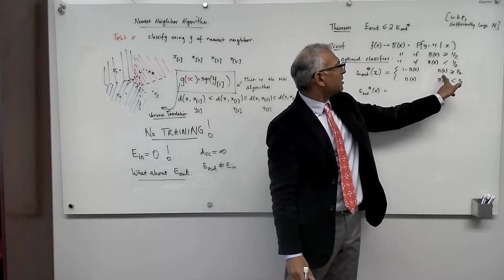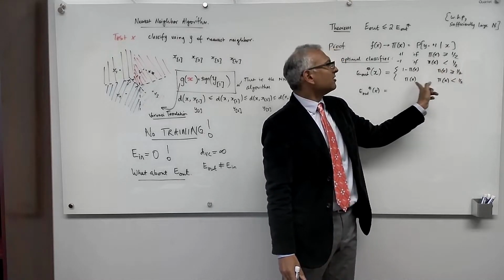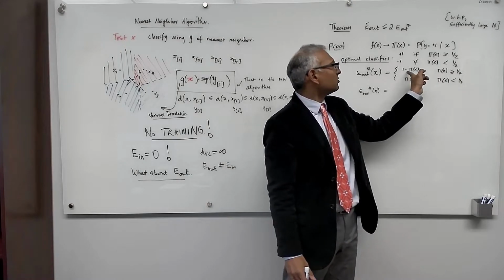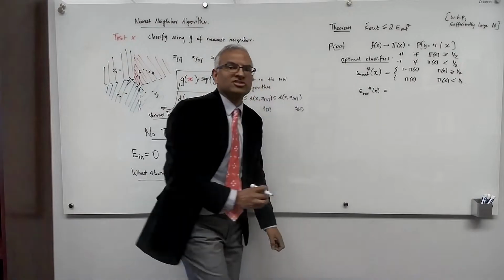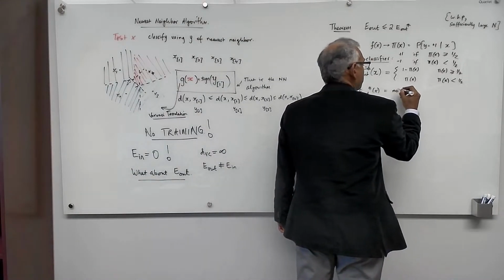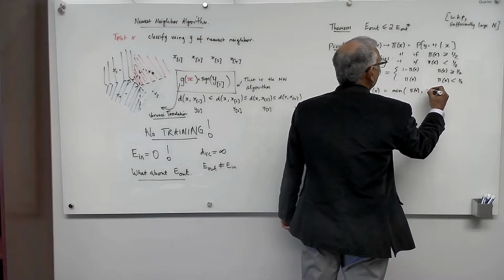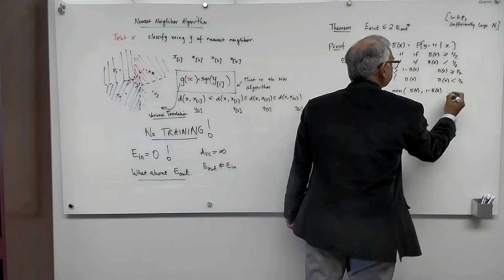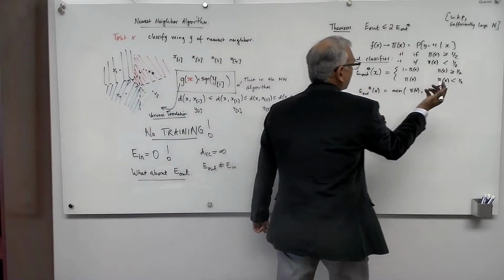If pi of x is greater than or equal to a half, then this one is smaller than that one; if pi of x is less than a half, then this one is smaller. So we can capture both equations by saying that your out-of-sample error is the minimum of pi of x and 1 minus pi of x. Let us call this eta of x.